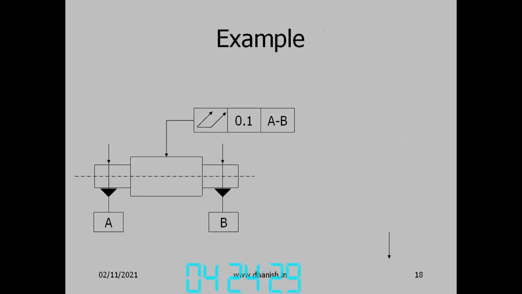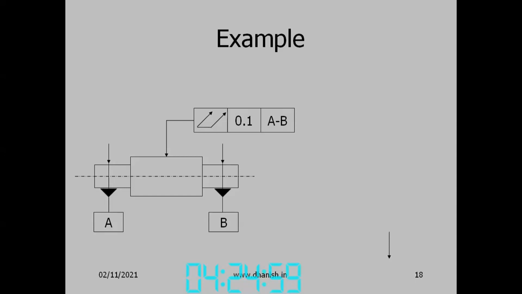So this is an example. Total runout 0.1 with respect to A-B. So A-B is the datum. We have to rotate the workpiece with respect to the axis of A-B. Either we can use V blocks, the surfaces A and B, two V blocks are required, or we have to use something like a roundness tester with high accuracy chucks, and rotate it.